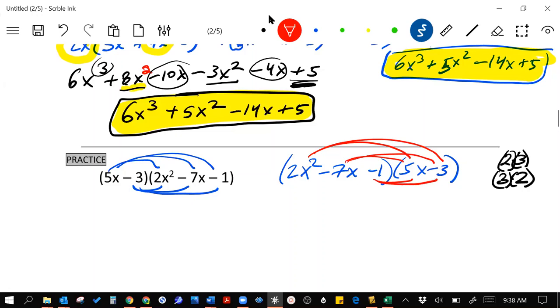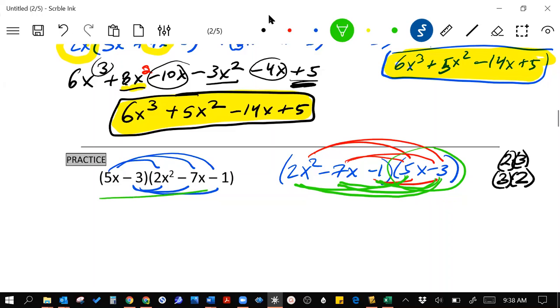Or I can use the back one just as if it was in the front, and I could do 5x times 2x squared, 5x times negative 7x, 5x times negative 1, and then negative 3 times 2x squared, negative 3 times negative 7x, negative 3 times negative 1. Gets a little tedious. And then it would be the same as if it was this one. And it doesn't matter, because it's multiplying. You're going to get the same answer no matter which order, as long as you keep them in the right order inside their parentheses.